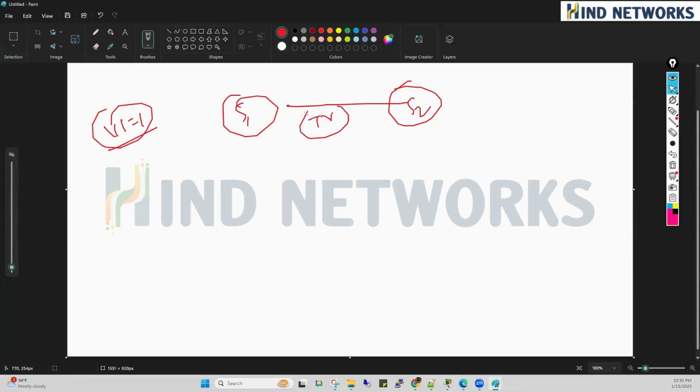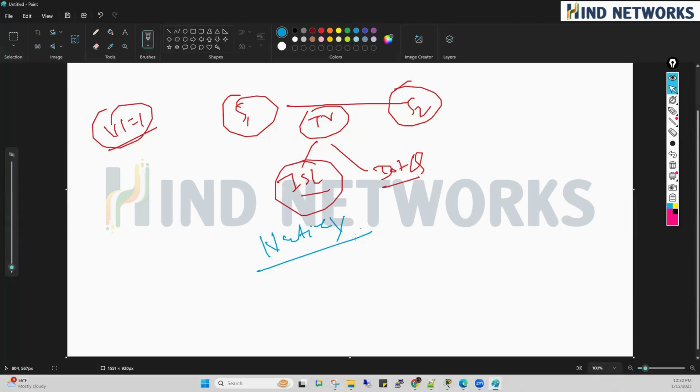Here you are using the trunk link. If you are using a trunk link, it means you are using either ISL or 802.1Q for tagging. Yes or no? Everyone tell me. Right? So if you are using ISL, it does not support the concept of native VLAN.